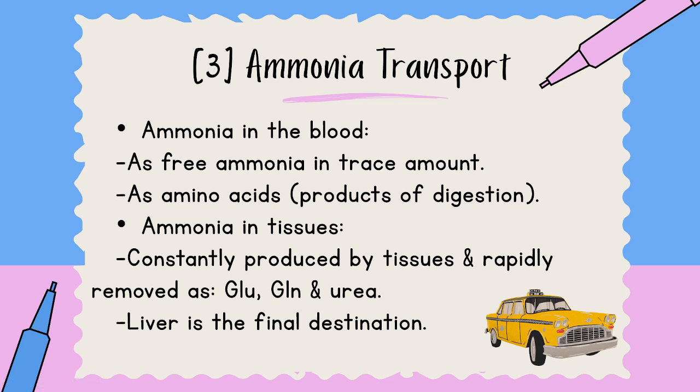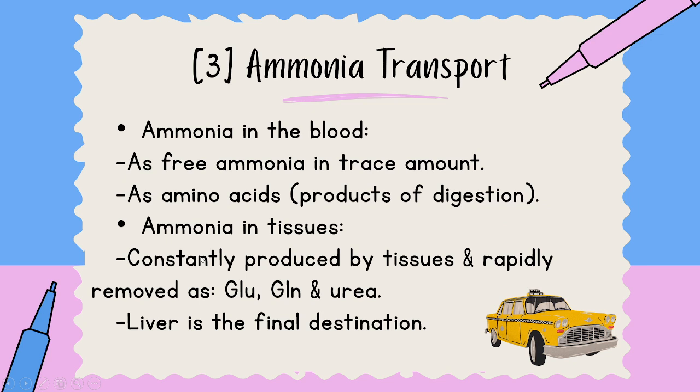This ammonia that is coming from deamination or incorporated with glutamate has to be transported in the blood, either as free ammonia, but just a trace amount occurs in the blood as free ammonia. The majority will be within an amino acid, either from digestion or from an amino acid that is in the blood, of course.